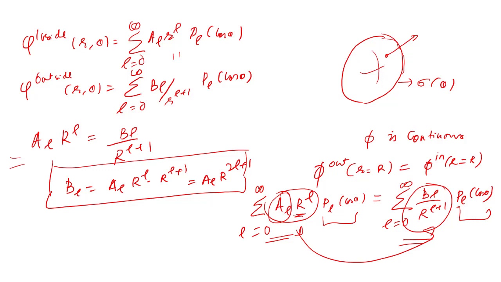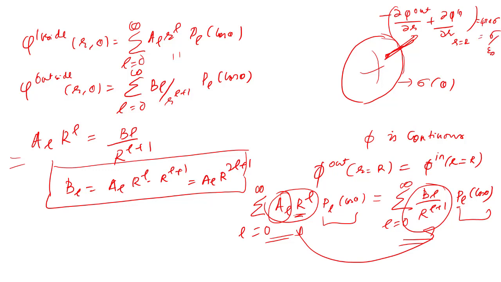So we're equating the outside and inside potentials at r equal to R. And then we are given the charge density here. If you recall, the boundary condition we derived for the charge density was minus dou phi out by dou r plus dou phi in by dou r at r equal to R should be equal to 4 pi k sigma, or this is sigma by epsilon naught.